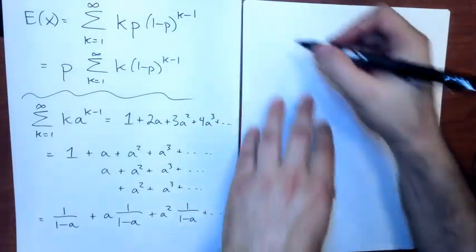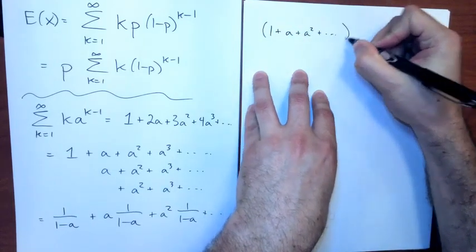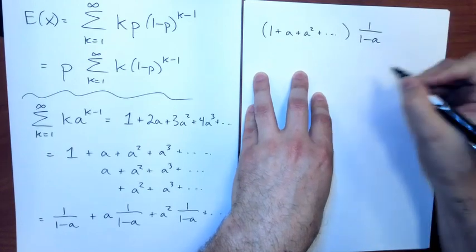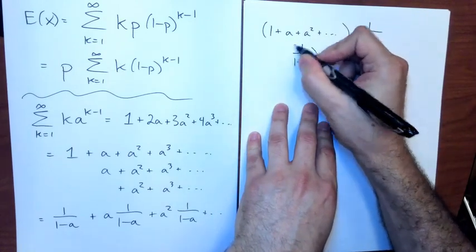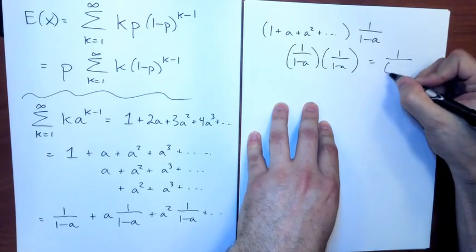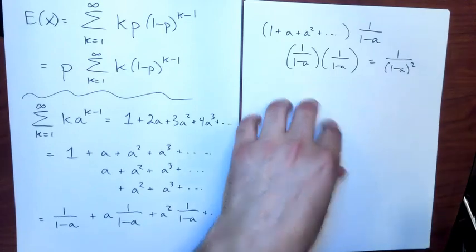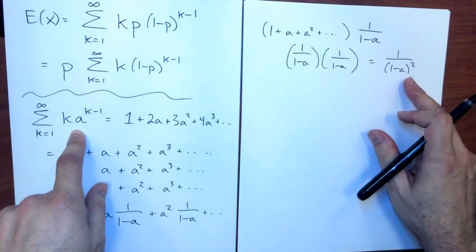And then I can say, look what this is. This is like 1 plus a plus a squared plus dot dot dot, times 1 over 1 minus a. And hey, this thing is actually, again, 1 over 1 minus a. So it's 1 over (1 minus a) squared. So what did we learn? We learned that this infinite sum corresponds to this value.